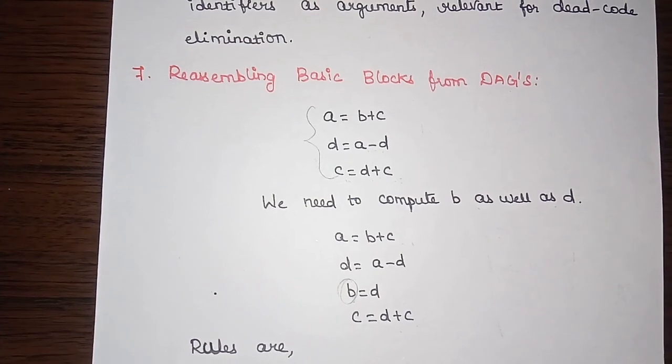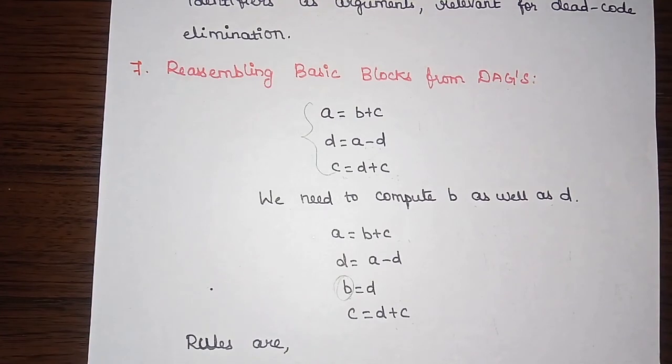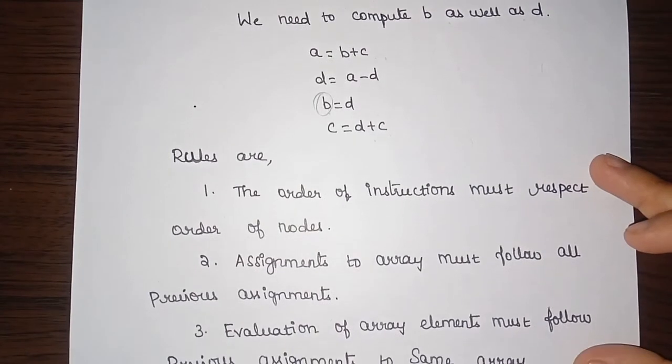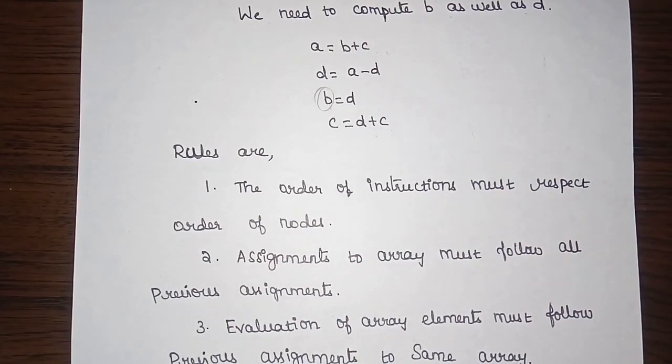So when we are reconstructing the basic block from DAG, not only do we need to worry about the variables that are used to hold the values, but also we need to worry about the order in which we list the instructions that compute the values of various nodes. For that we have certain rules to remember. First, the order of instructions must respect the order of nodes in the DAG.